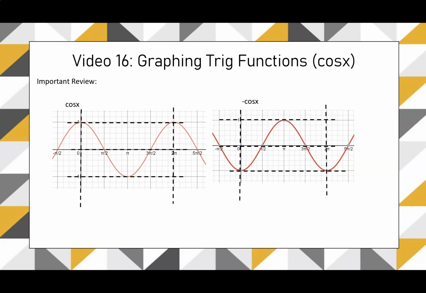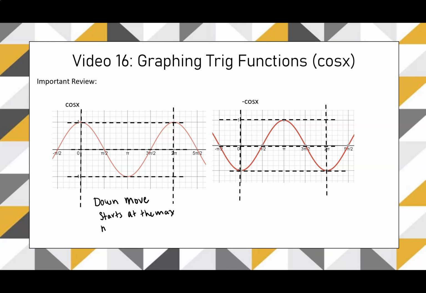First thing I want to talk about is the direction that cosine starts in, and I'm talking about positive cosine here. If you look here, we have a down move first. This is for positive cosine. Also notice that our cosine graph starts at the max.